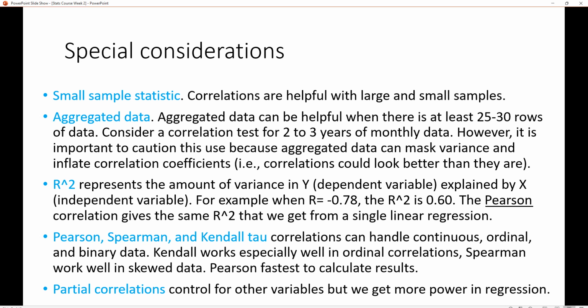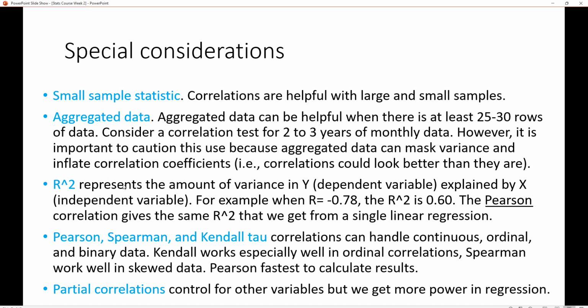The next special consideration is R square, and in a correlation we get a value for R, and that correlation coefficient is represented by R. But if we square that, we get a special statistical quality, which gives us the idea of how much variance is explained in our relationship.